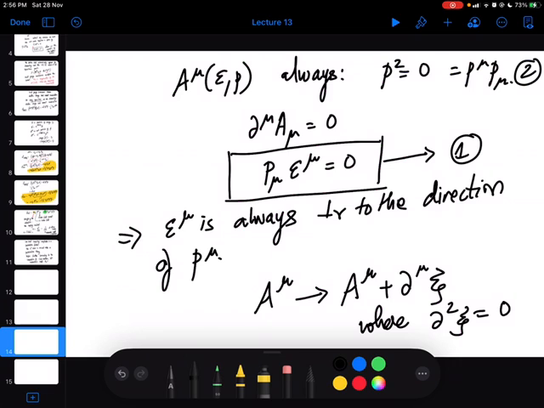A_μ is not a unique field, because it's a gauge field.